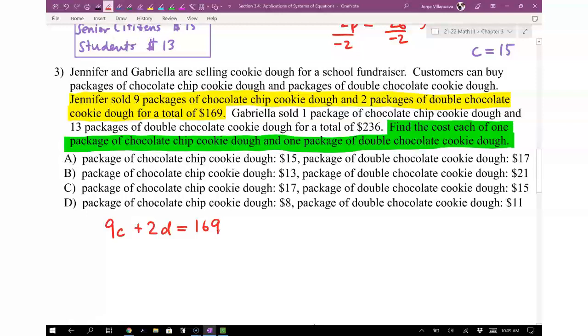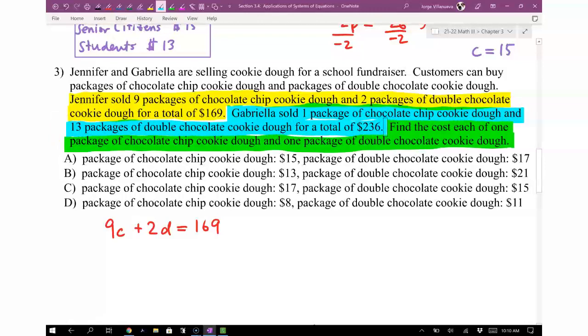Second sentence that we're going to look at, or the blue one, is Gabriella sold 1 package of chocolate chip cookie dough and 13 packages of double chocolate cookie dough for a total of $236. There's a lot of information there. So that's going to be my second equation. Remember, the green is the main question that the problem wants us to solve for, right?